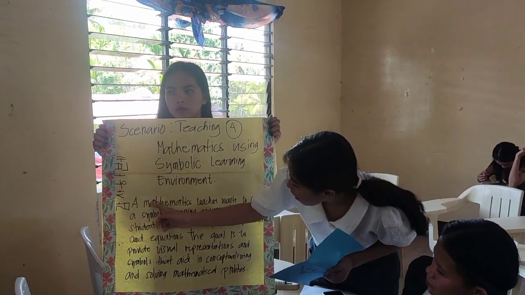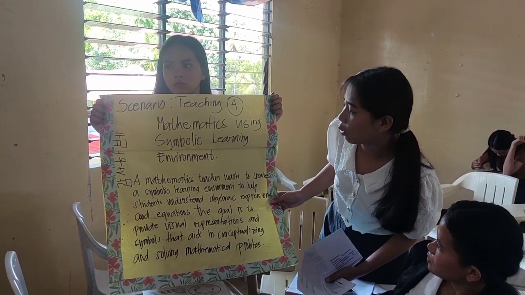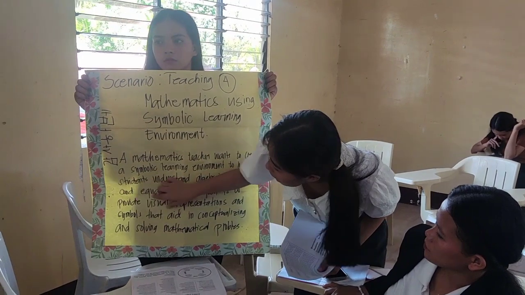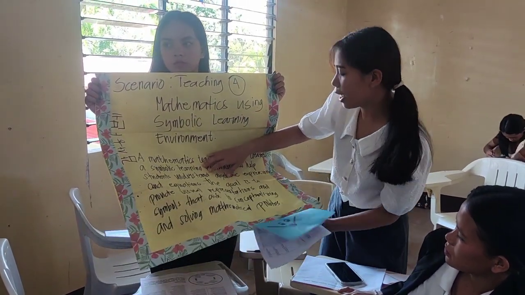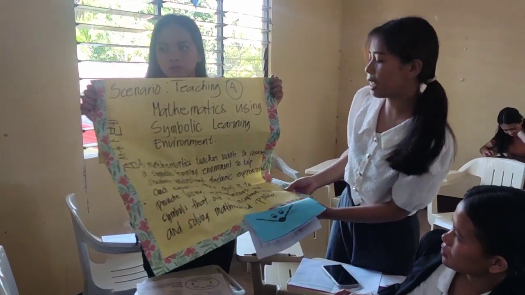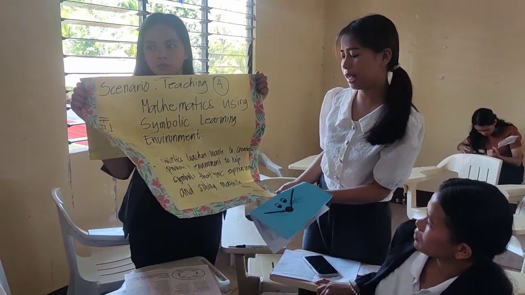A mathematics teacher wants to create a symbolic learning environment to help students understand algebraic expressions and equations. The goal here is to provide visual representations and symbols that aid in conceptualizing and solving mathematical problems.